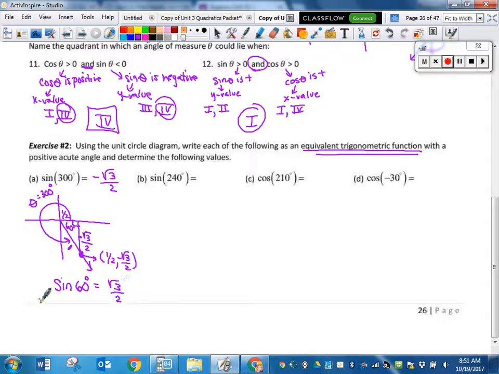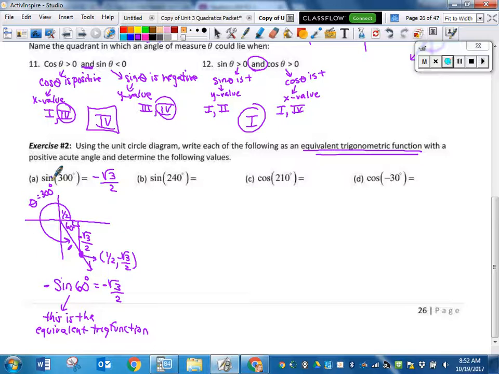But I have to make an adjustment because I'm going down in this case, so I know this answer is supposed to be negative. This, however, would not be negative by itself, so I have to put a little negative out in front. So when they say they want an equivalent trig function, this is the equivalent trig function. They both give you the same answer. This and this give you the same answer.